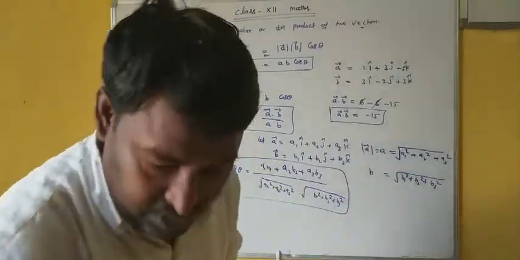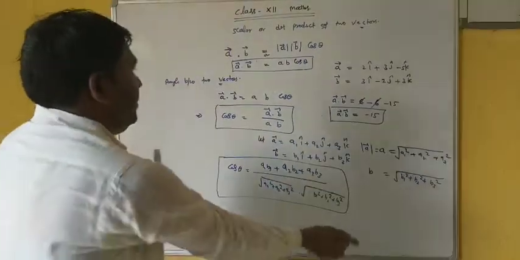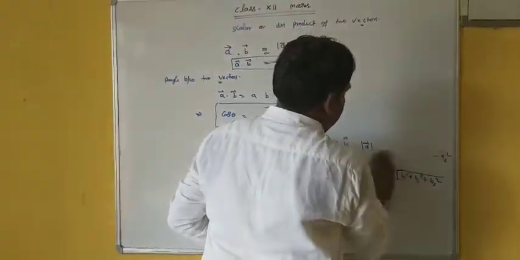Now by taking one example, I will explain how you can find the angle between two vectors.